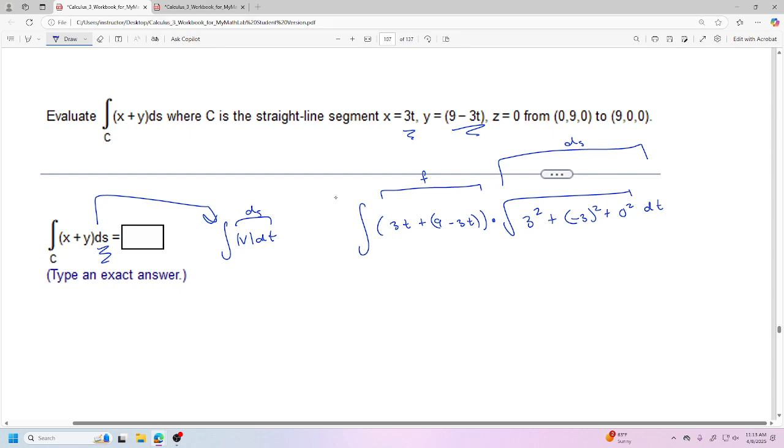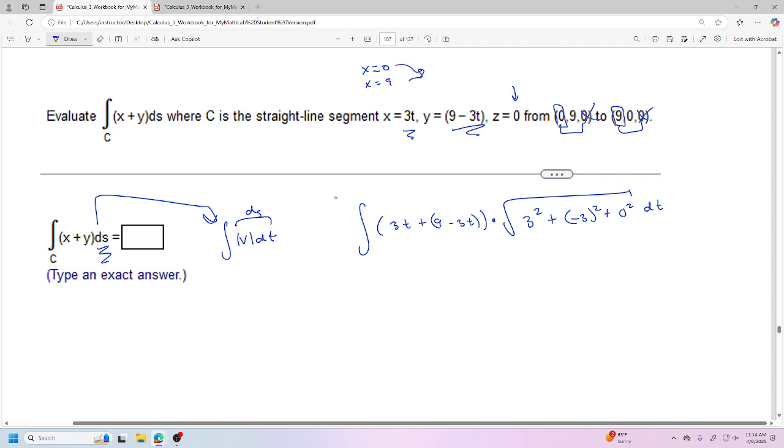Now, I need to find a t value where it's starting and stopping. You notice that they give us these points here, and I'm totally ignoring the last one because obviously z equals 0 the whole time. If z equals 0 the whole time, it's meaningless for what we're looking for. Wouldn't our limits be from 0 to 9? Well, maybe. But you're definitely getting the right zone. Let's look at x just alone for a second. I'm saying that x is equal to 0, and x is equal to 9.